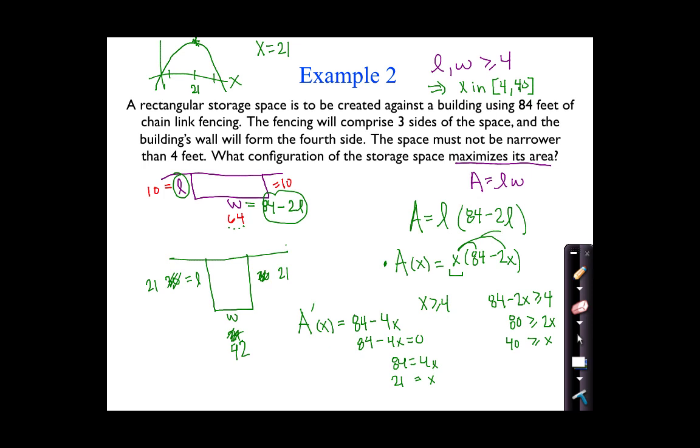But this is with a 21 by 42 foot enclosure, 42 parallel to the house. Not two sides of 42 and one that's 21. It's two sides of 21 and one of 42, so that adds up to 84. We want a 21 by 42 foot enclosure, and that's, what did I say, 882 square feet.